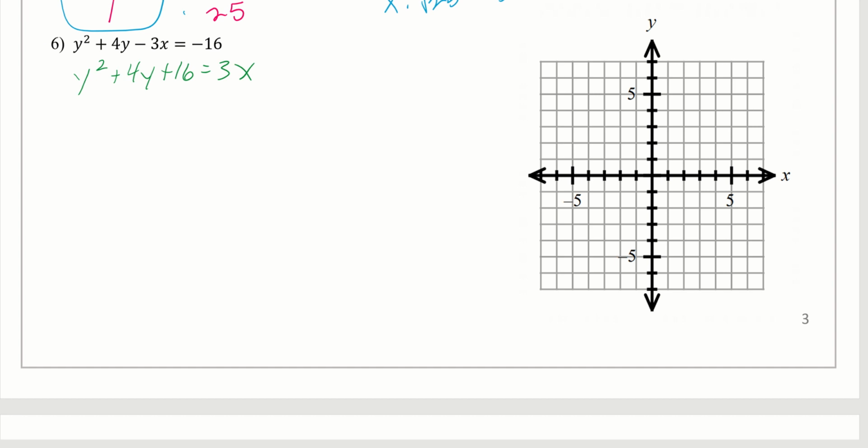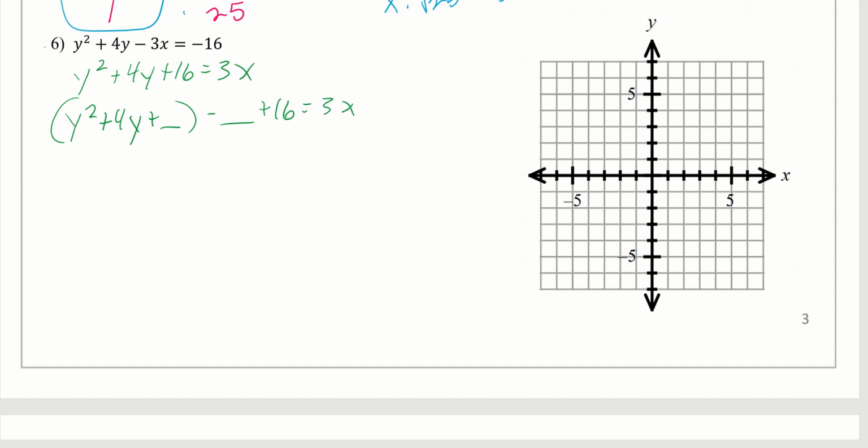So you can always check, is this trinomial, can I have it come out with the same terms? So yes, 16, 4 times 4 gives you 16, but unfortunately it doesn't add to the 4. So it doesn't work, right? So we've got to complete the square. Plus something minus something plus that 16 is equal to 3x.